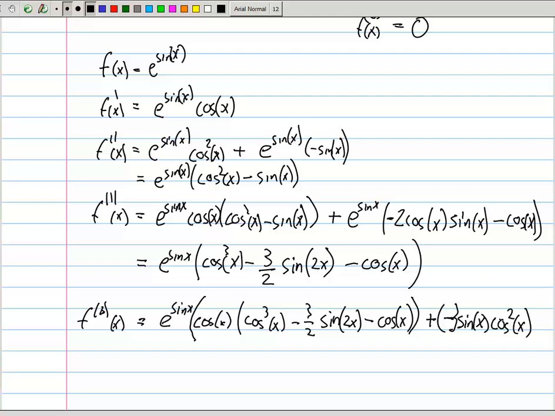Again, it's just chain ruling. Cos cubed becomes cos squared, pull the 3 out, then we're going to take the derivative of the cos. And now we're going to do the next term, minus 3 over 2 sine 2x. Again, it's just chain ruling. We land up with minus 3 cos 2x. And we then land up with here minus cos x, which becomes plus sine x.